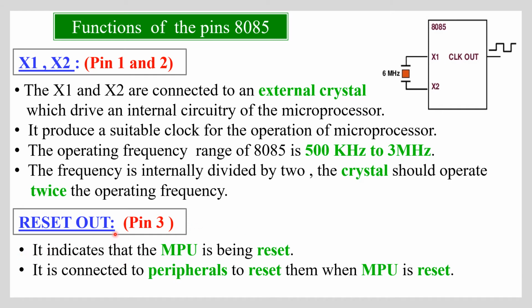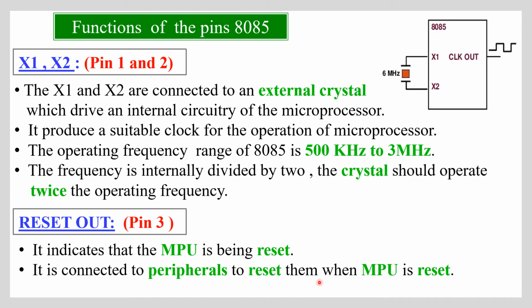So next pin is pin number 3, reset out. Reset out indicates the CPU, the MPU, is being reset. So if the MPU resets, it sends an output signal connected to the peripheral, saying that the microprocessor is resetting, so the peripheral should reset.